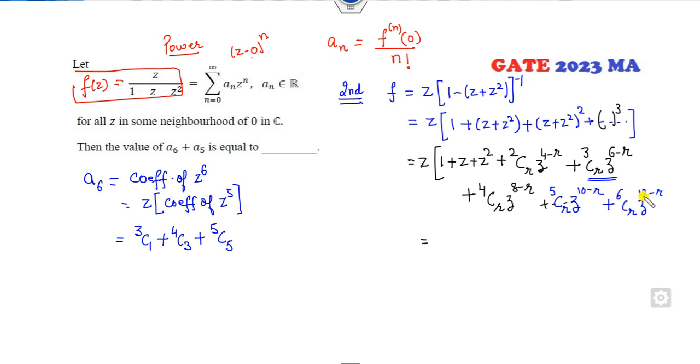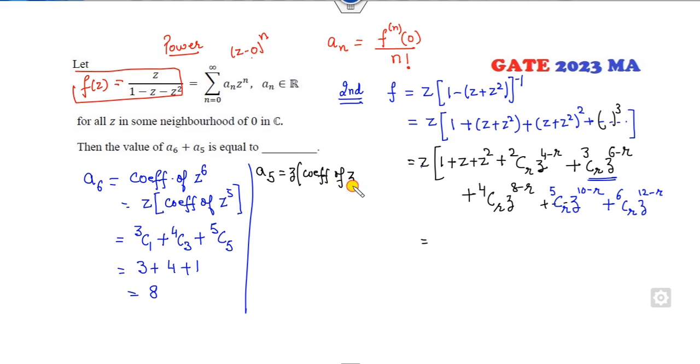So for z raised to power 5, r must be 7, but 6C7 is not possible. So what is the answer of this? 4, 4, 1, so that is 8. Similarly, we can find a5, which means we have to find the coefficient of z raised to power 5.